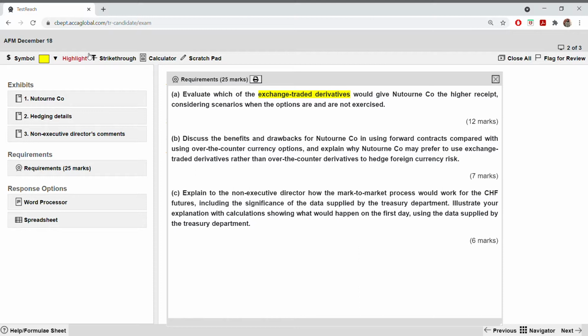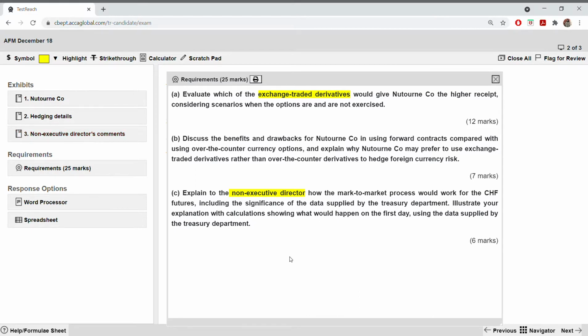Part C. Explain to the non-executive director. Do you see my exhibit 3? I didn't even read the requirements by then, but I know it was for the last requirement because that is the last exhibit. So I know one will be for the last requirement, definitely. So explain to the non-executive director. The word here, if you can see this and just see the exhibit 3, it is the non-executive director's comment.